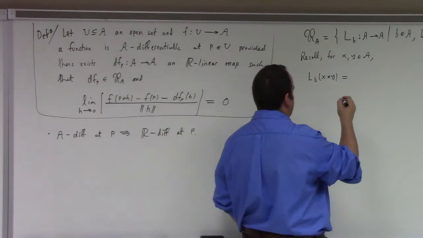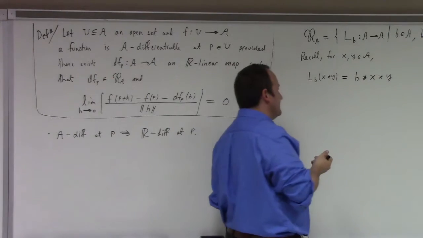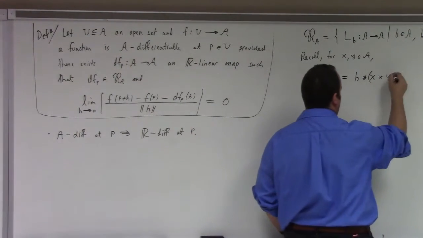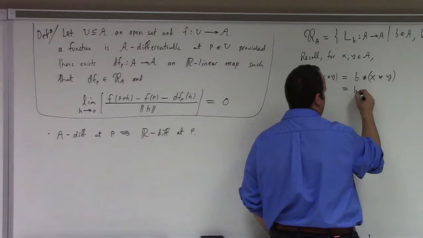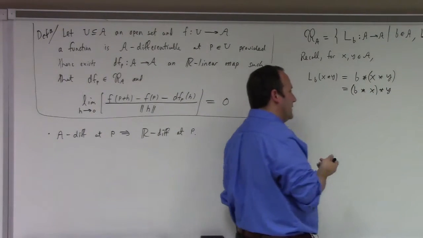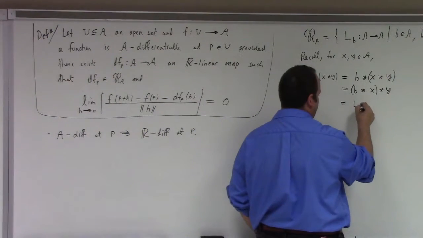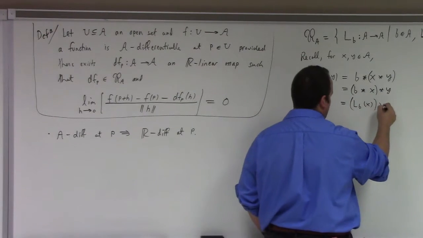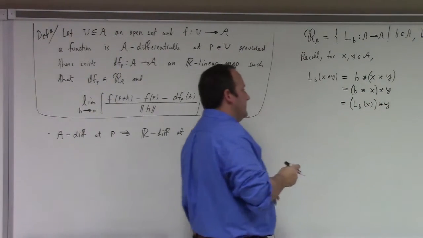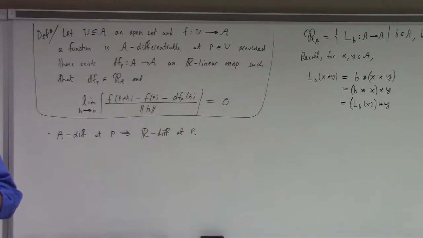Well, by definition, this is b times x times y. Then we can use associativity and repackage that as b times x, times y, which is actually left multiplication by b acting on x, all times y. In other words, every left multiplication map has the property of right linearity. We can pull scalar multiplication out to the right.